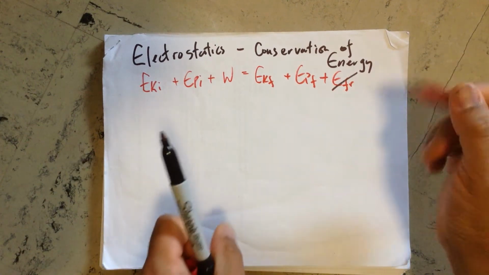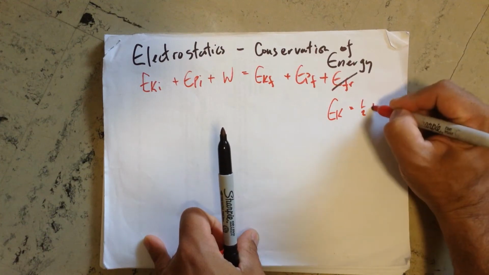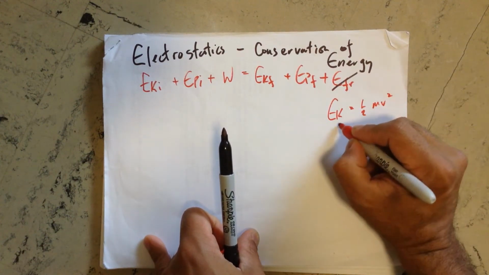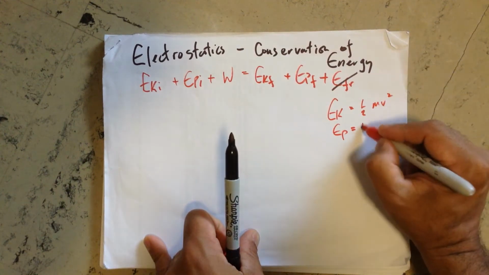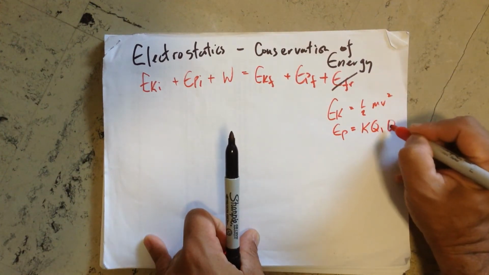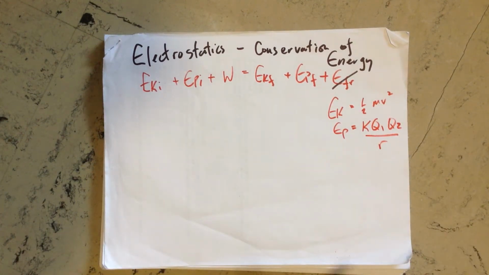Remember that for all of these equations, kinetic energy is still 1/2 mv squared, and potential energy for electrostatics is k q1 q2 over r. And it's going to be important here to keep negative signs on your charges.